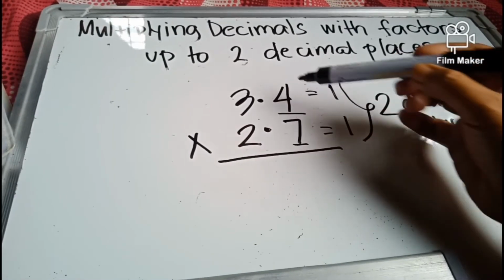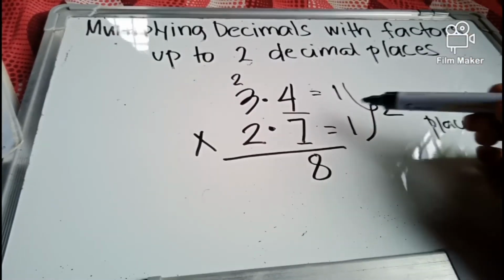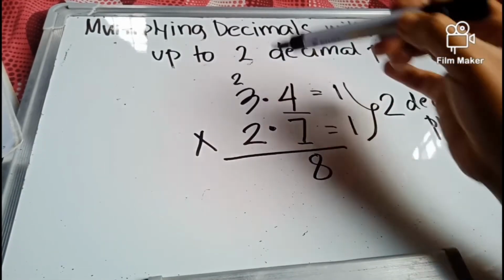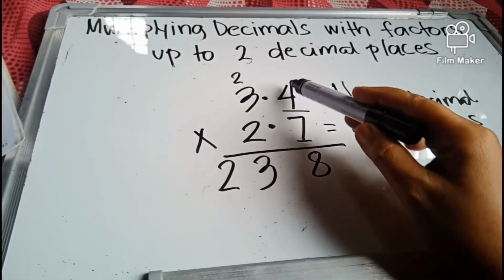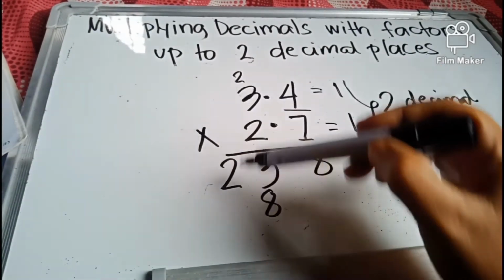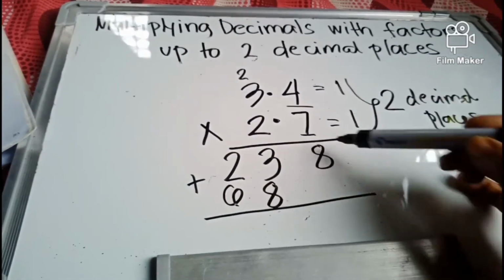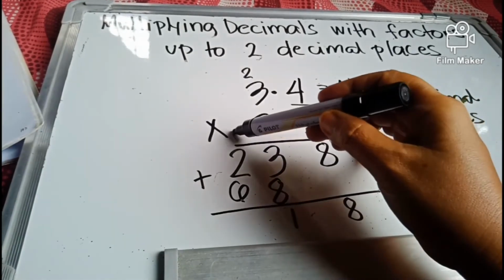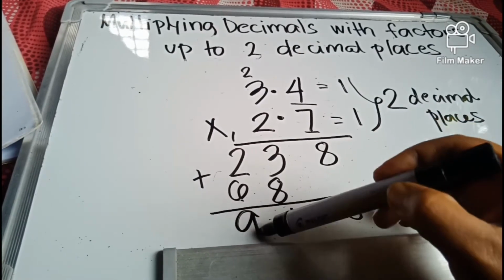7 times 4 is 28, carry 2. 7 times 3 is 21, plus 2 is 23. Next, 2 times 4, it's 8. 2 times 3, it's 6. And then, add the partial product. 8. 8 plus 3 is 11. Carry 1. 1 plus 2 is 3 plus 6, it's 9.